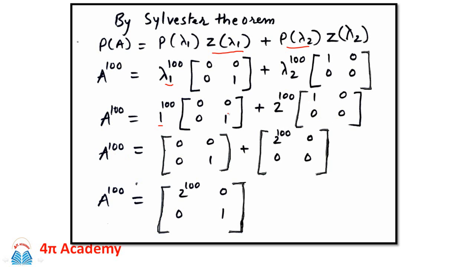If I take this inside, then it will be 0, 0, 0, 1 because 1 raised to 100 is again 1, plus 2 raised to 100, 0, 0, 0. Finally, if you add these two matrices together, then A raised to power 100 will be equal to 2 raised to 100, 0, 0, 1. So this is the answer.